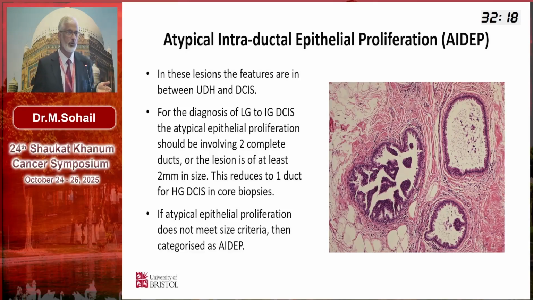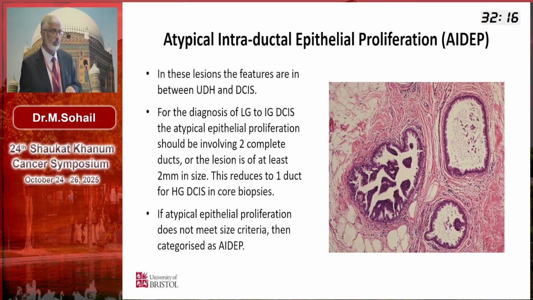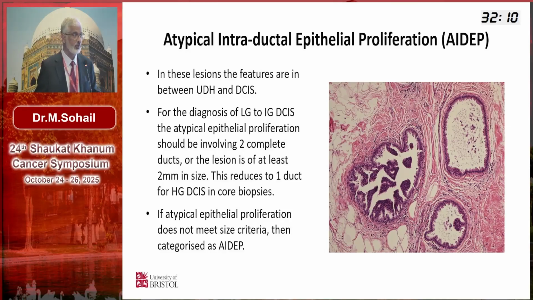So we should not be using that terminology. Although these particular guidelines have used ADH instead of AIDEP, so I kept those terminologies in my presentation today, it should basically be called AIDEP. So if the lesion has even one duct and it's high grade on core biopsy, we go for DCIS.